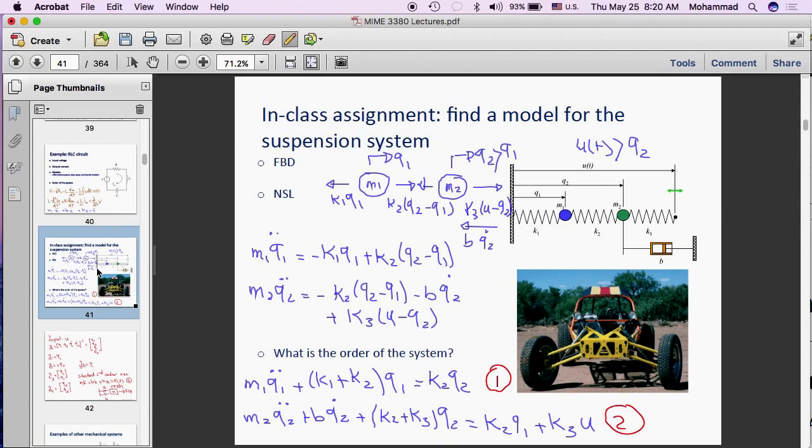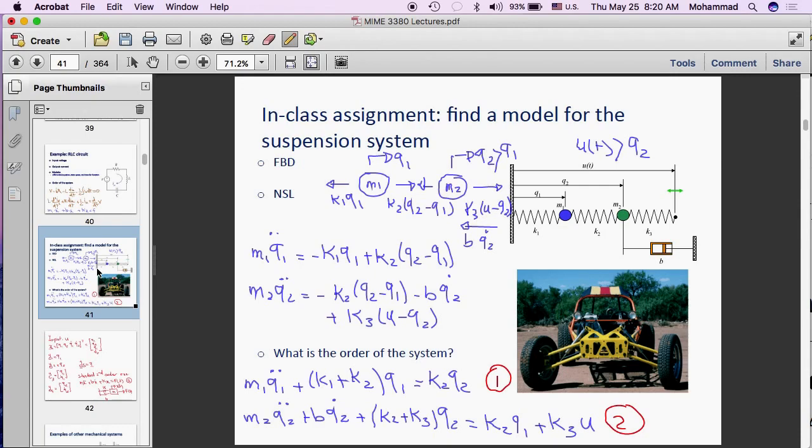If you wanted, for example, to know as mass 1 moves, how mass 2 will follow or not follow, you have to still solve both differential equations because they're coupled differential equations. Can you see that? So it's not a very friendly model to work with, even though it has all the information you want, but it takes a bit of work.